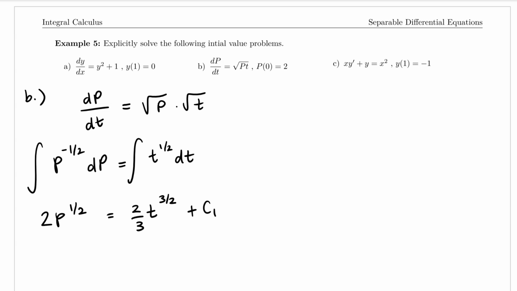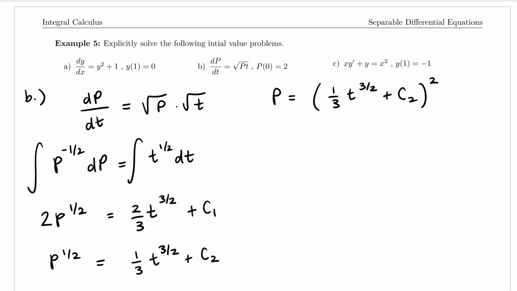From here, I'm going to divide both sides by 2, and if I do that, I get p to the 1/2 is equal to 1/3 t to the 3/2 plus, if I take my constant c1 and cut it in half, that is just going to give me some other constant. So I'm going to call that c2. From here, in order to get the explicit solution, I'm going to square both sides. So we get 1/3 t to the 3/2 plus our constant of integration squared. And then we can plug in our initial condition.